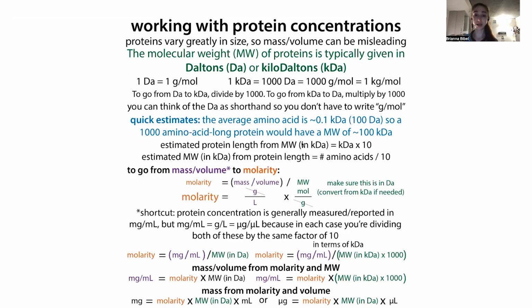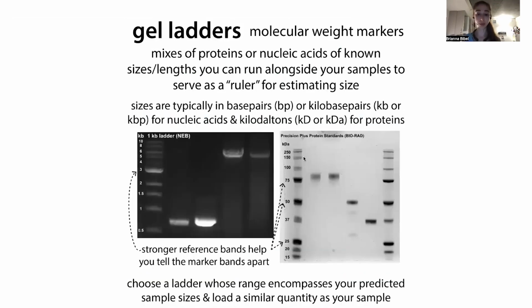A quick estimate is that the average amino acid is about 100 daltons, or 0.1 kilodaltons. So if you have a 1,000 amino acid long protein, that would have a molecular weight of about 100 kilodaltons. If we're talking about a 90 kilodalton protein, that would have about 900 amino acids, and much more on that in other posts.